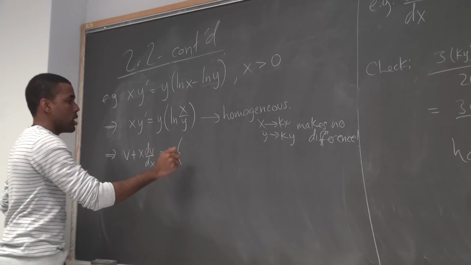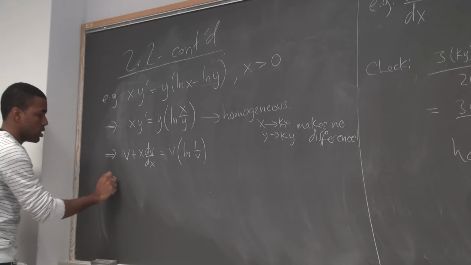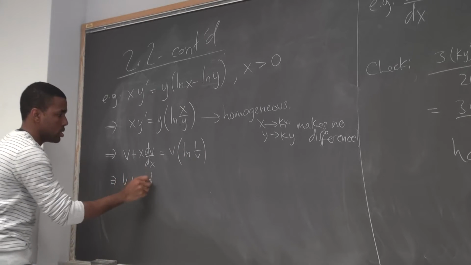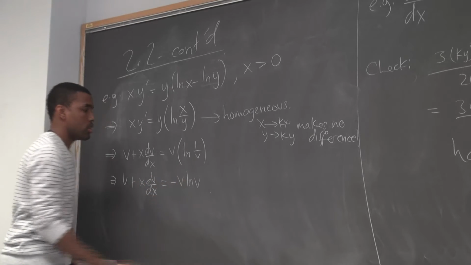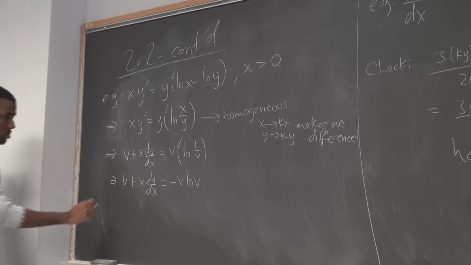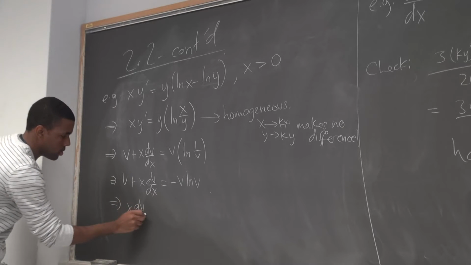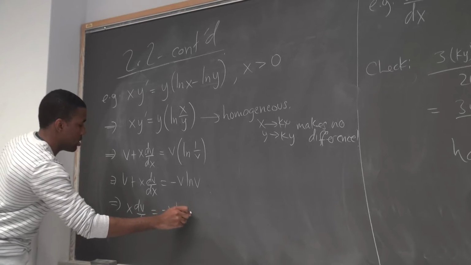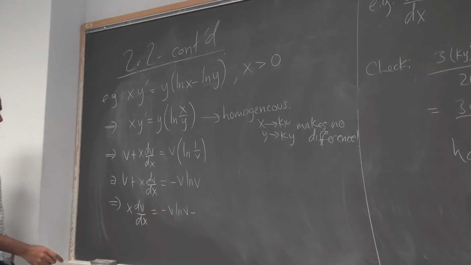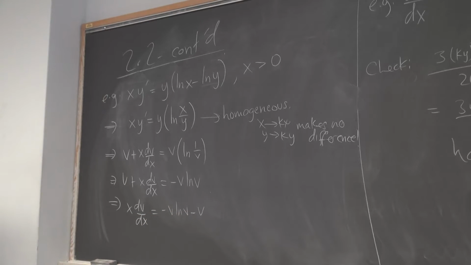This will be v times ln of 1 over v, which is v plus x dv over dx equals minus v ln v, which is x dv dx equals minus v ln v minus v.